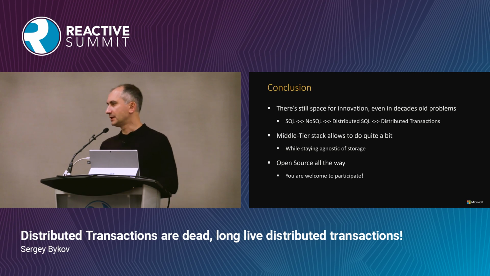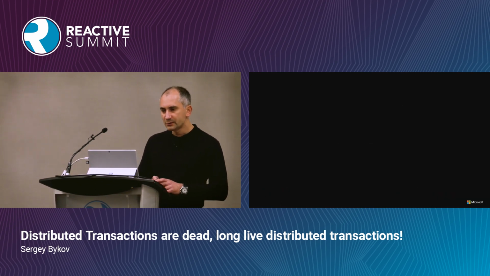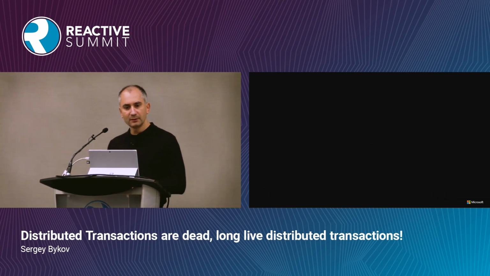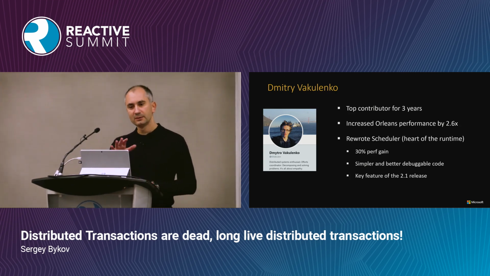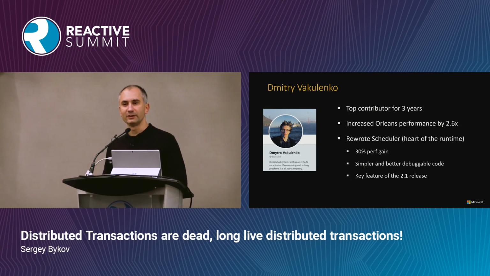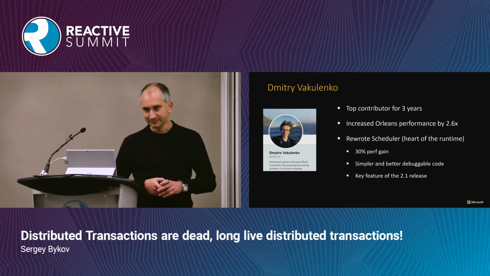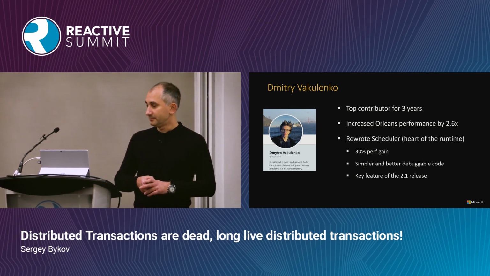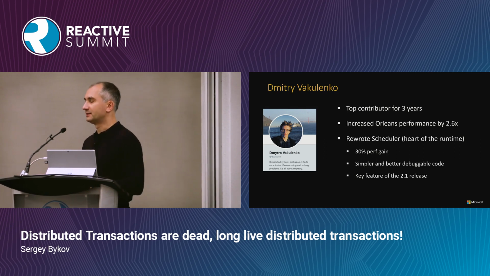And I think I still have a few minutes, right? I wanted to, speaking of open source, talk about this individual. Dimitri joined our community literally three years ago, and he started contributing pull requests focusing on performance. It could be a 5% improvement, 10%, 15%, 20%.